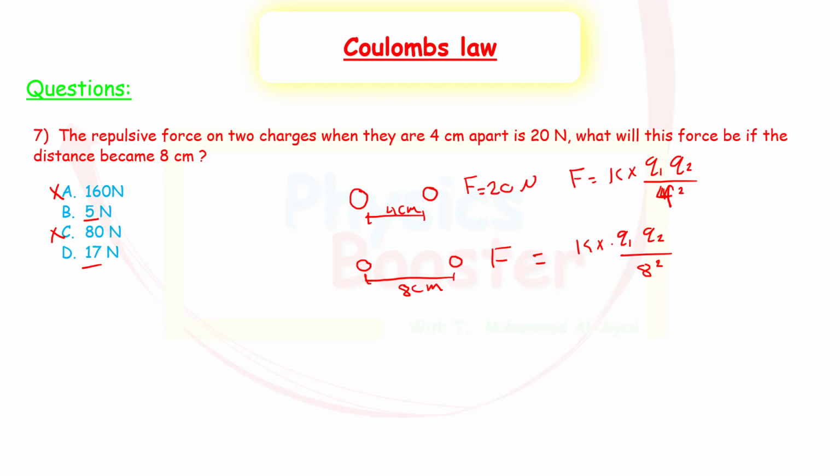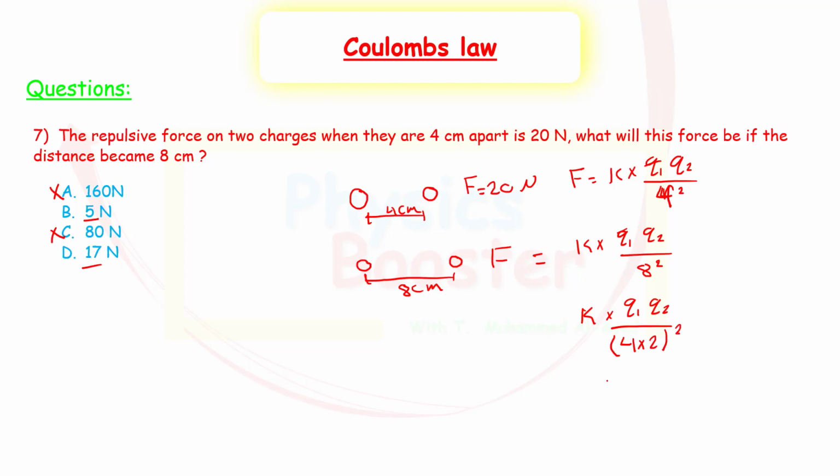Now, as we can see, nothing changed here. Q1 is the same as Q1. Q2 is also the same. But we can do the following. Instead of writing 8 squared, we can say that it's equal to K multiplied by Q1 multiplied by Q2, and instead of saying 8, we can say 4 multiplied by 2 squared.